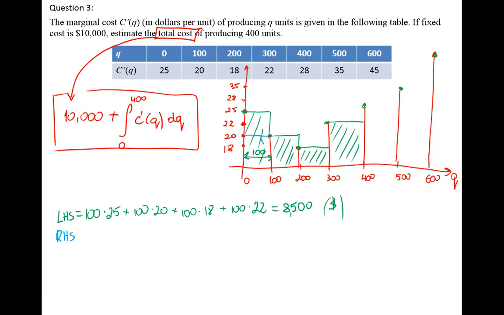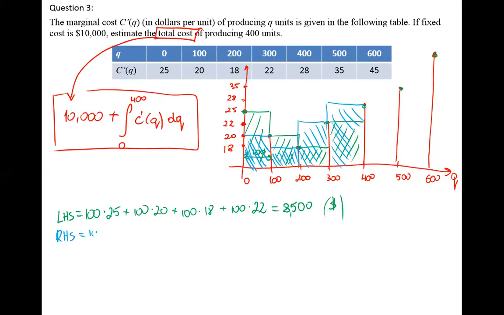That means the blue rectangle will give me the value for that area. 100 and 200, 200 is on the right-hand side. This rectangle, 200 and 300, 300 will give me the height of this one, and 400 is on the right-hand side, will give me the height.